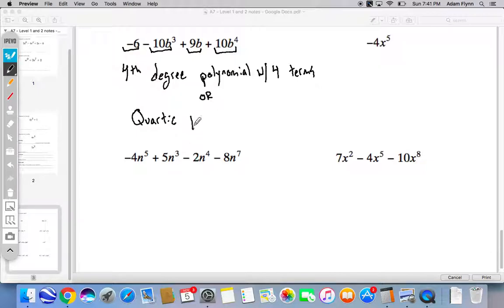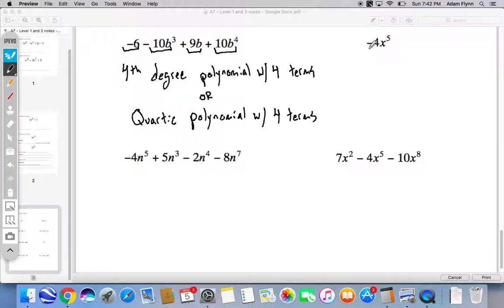So a quartic polynomial with 4 terms. Again, these are not the only 2 ways to describe it. As long as you have the degree in there and how many terms a polynomial has, you are all set.